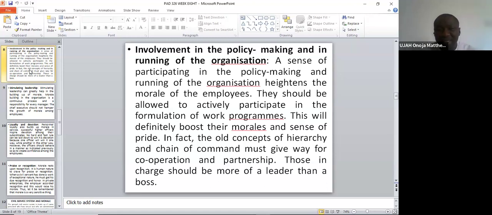The workplace should be one of cooperation and partnership, and people should be accorded responsibilities and powers in terms of making suggestions for the actualization of the goals and objectives of the organization. Involved, such an individual will perform better.